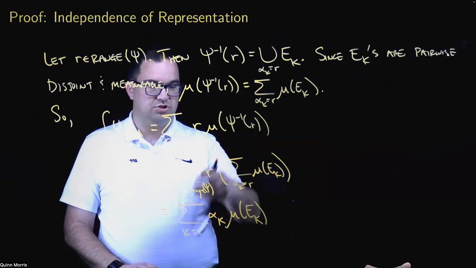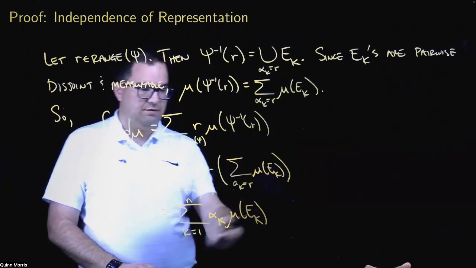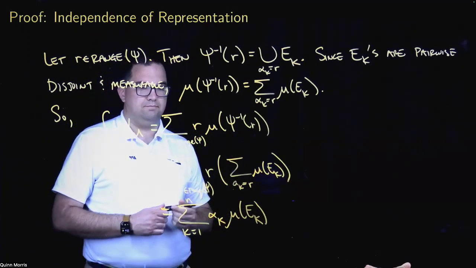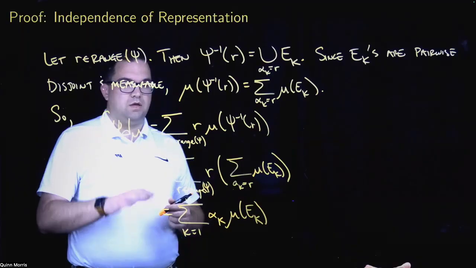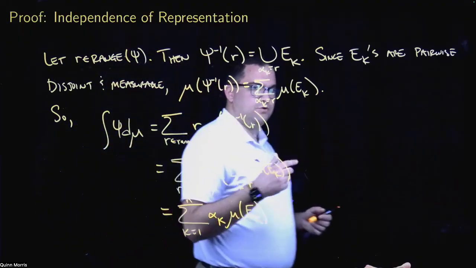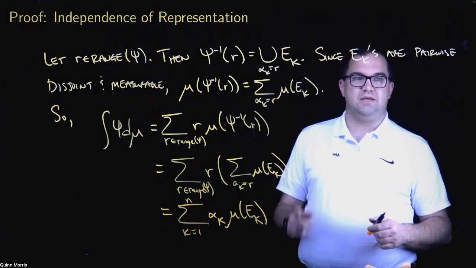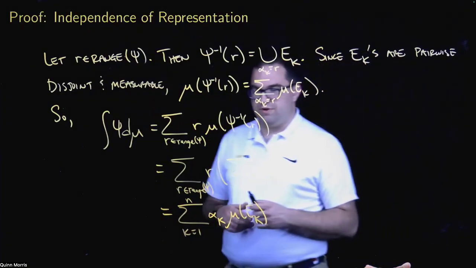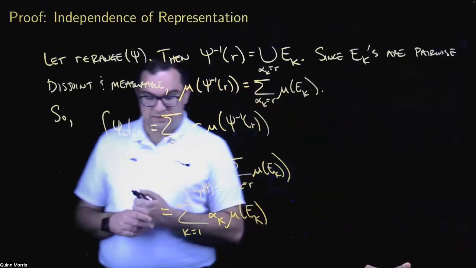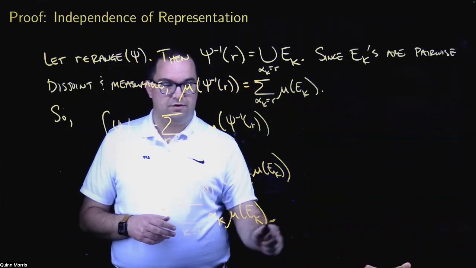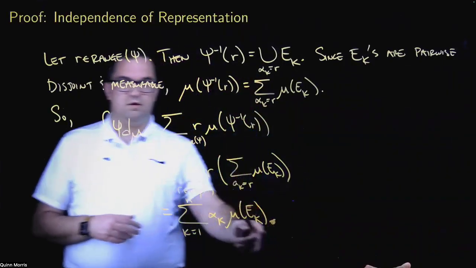So I can just push that in and then I recover this sum. I don't have to worry about convergence or rearrangement of sums because these are all finite sums, so rearranging them is a fairly straightforward process. And so what I get is exactly the result that I wanted.